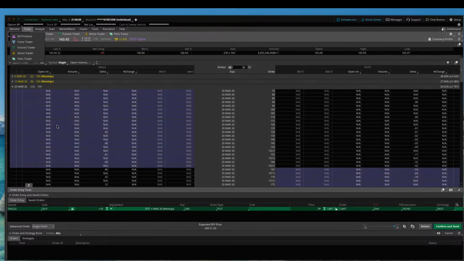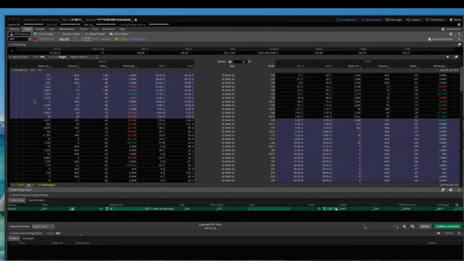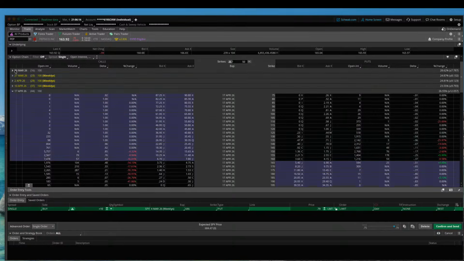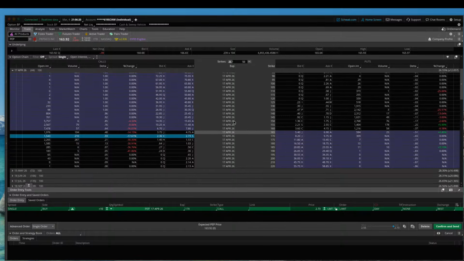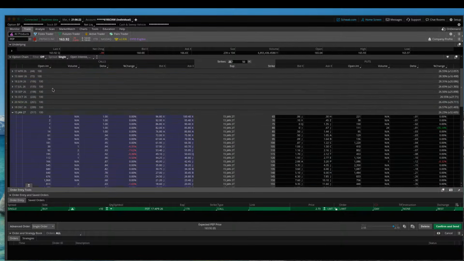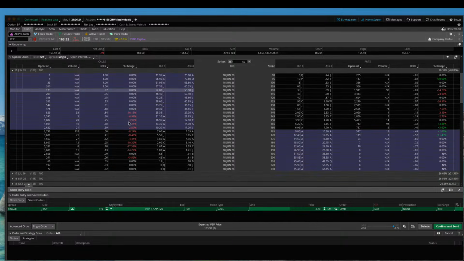Check out the trades. All right, let's see. April calls, they're pretty cheap, I would say. June calls are getting up a little bit more, but still relatively cheap.